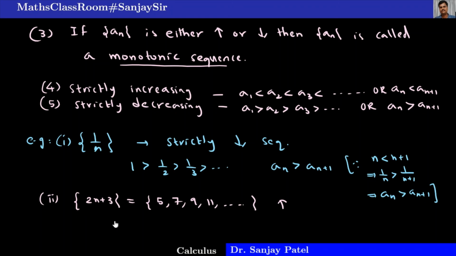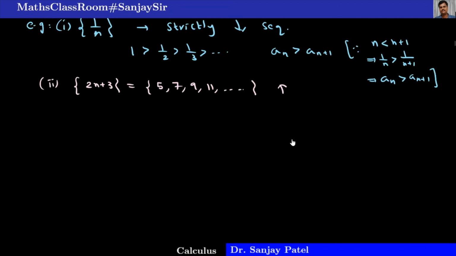Let us understand this way. If you have, say, n and n plus 1 for any natural number n, then I can write n is less than n plus 1. So that is one thing. And let us multiply by 2 on both sides.